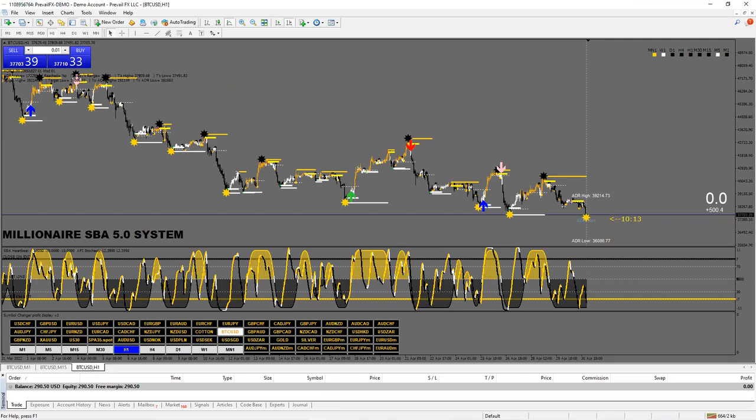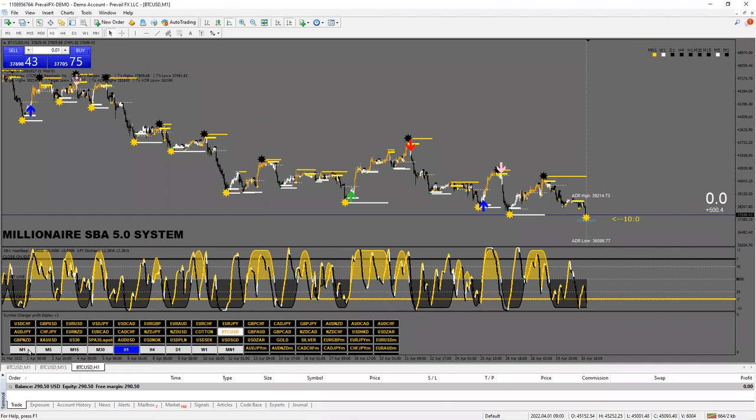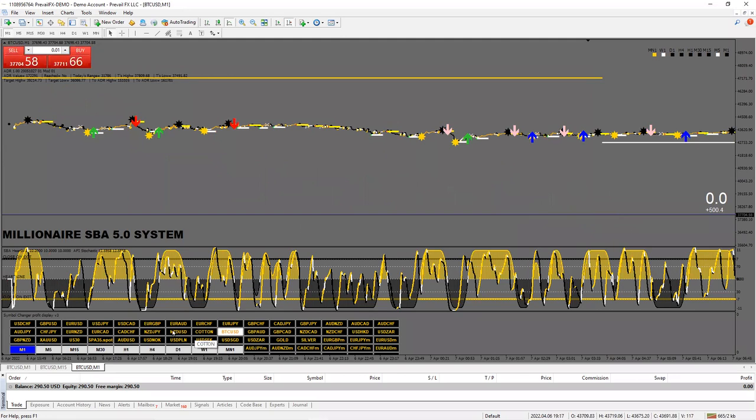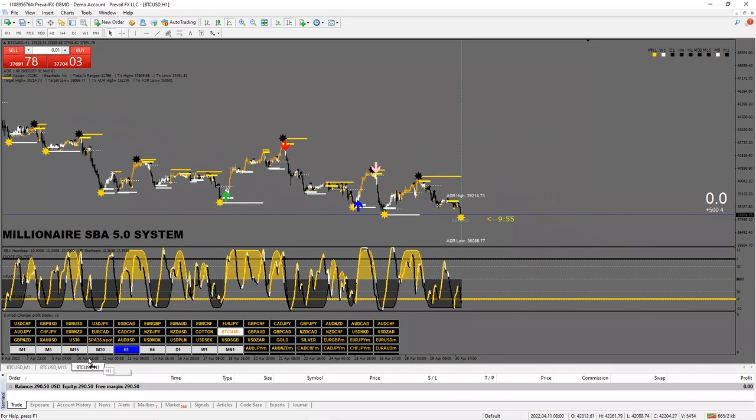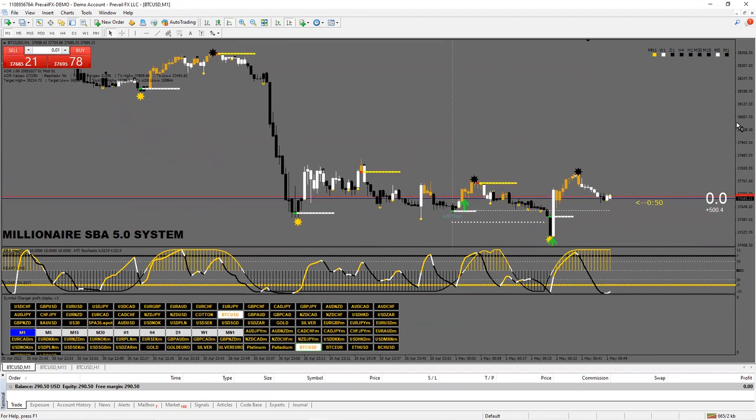Because like you saw on that one, I actually, because I wanted to give you guys an example of how to get out, I got out early. Let me go back to that chart. Oops, it's not this chart. Right here. My stop loss was set over here at the support level, and my take profit was set right in front of there.